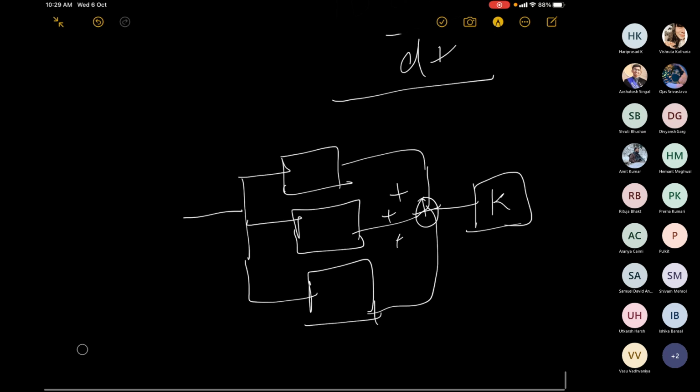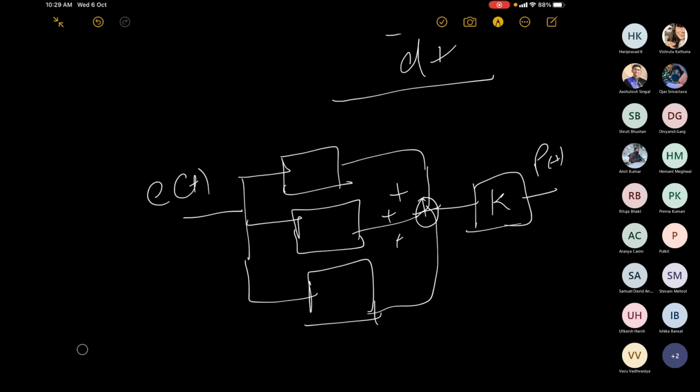So this is P of t. Most often you keep the proportional gain to be unity. Integral gain would be 1 by tau I s. So this would be tau d times s. So your signal is split and combined and just multiplied by a constant.